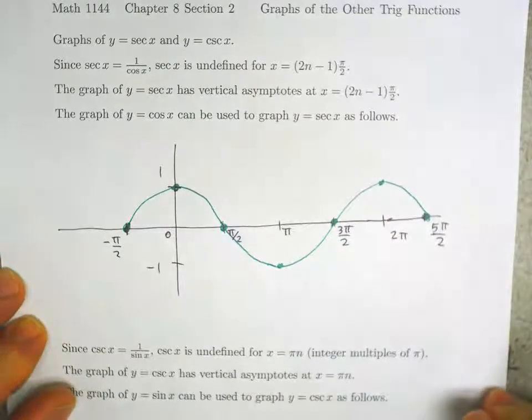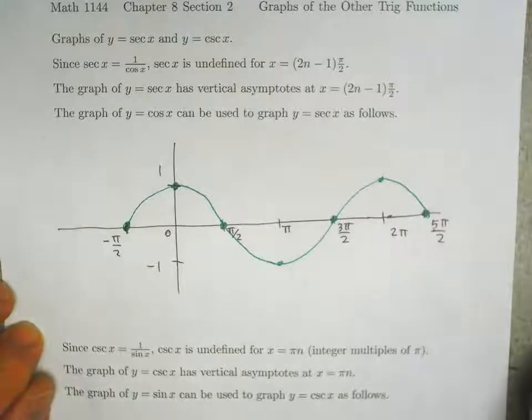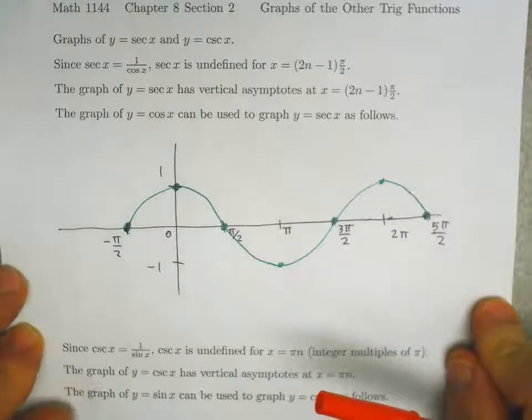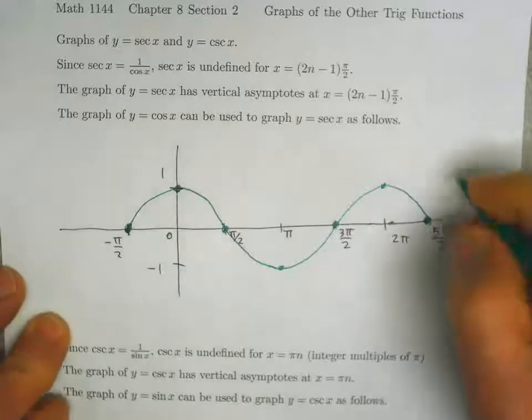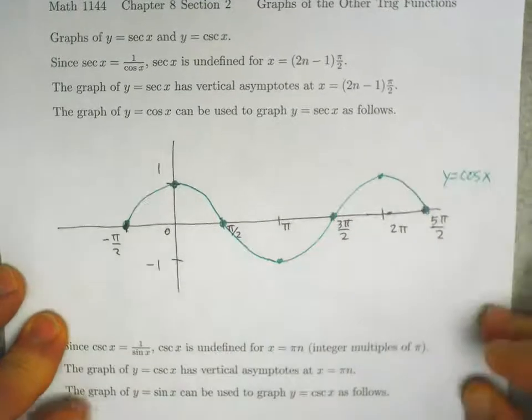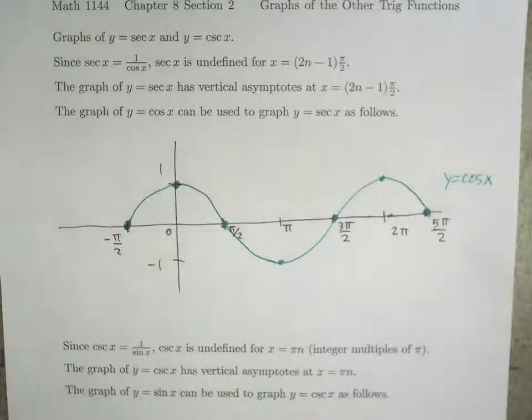So we just have 1.5 periods of the cosine function. And we're going to use the graph of y equals cosine of x to graph its reciprocal, y equals secant of x.